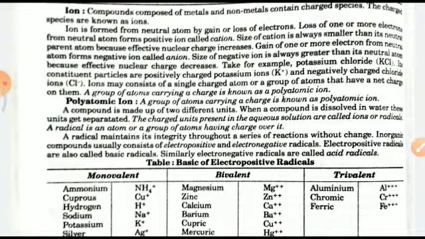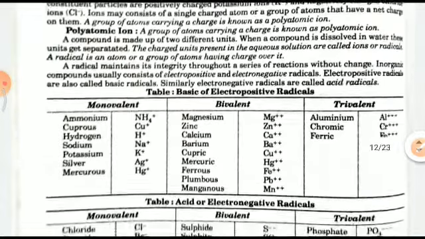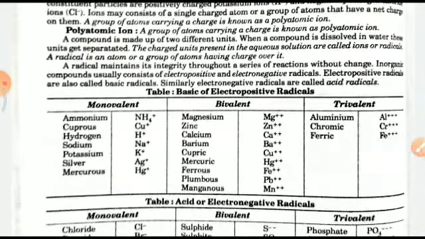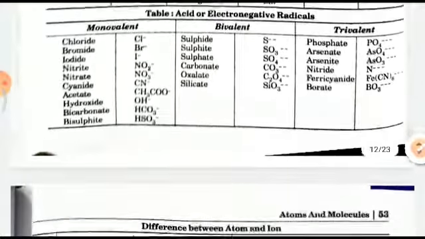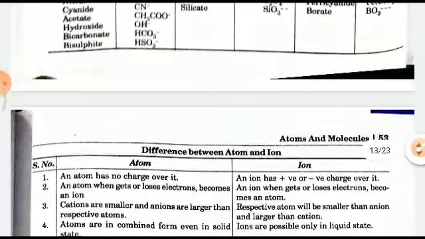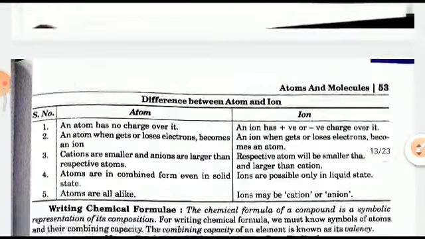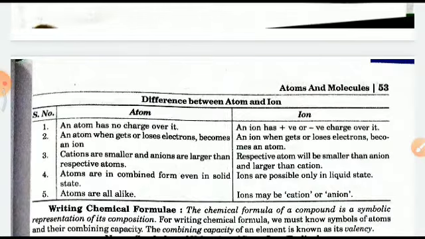A group of atoms containing charge is known as a polyatomic ion. Now NH4+, see all these are ions, and it is these ions which actually take part in a reaction. An atom has no charge over it. An ion has a positive or negative charge over it. An atom, when it gains or loses electrons, becomes an ion. An ion, when it gains or loses electrons, becomes an atom.